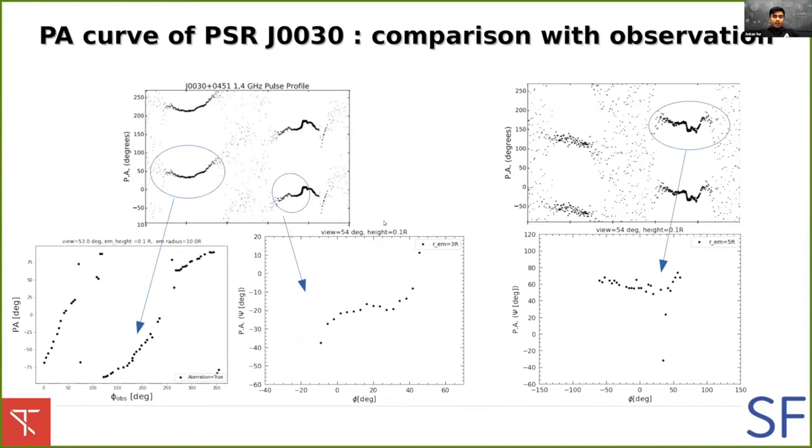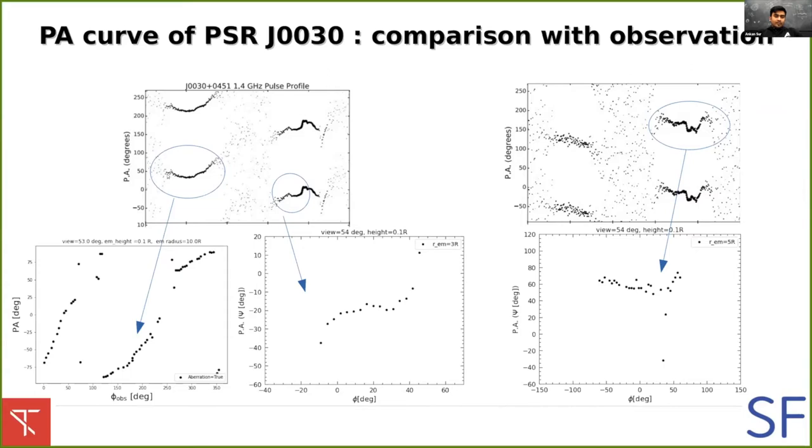So ultimately, what we directly want to compare is observations of this pulsar J0030, the position angles. These are the two observations: one is at a frequency of 1.4 gigahertz, and another is at around 400 megahertz.